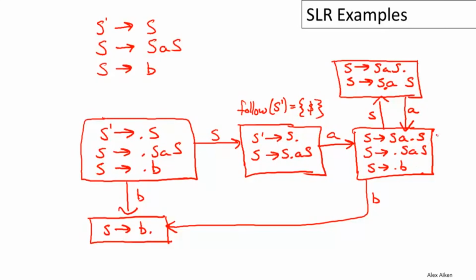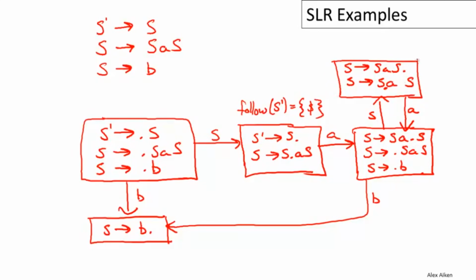And let's just consider this bottom state first. All right, so what does this state say to do? Well, first of all, observe that the only transitions out of this state are on B and S, and there are no reduce moves in this state at all, so there's no possibility of a shift-reduce conflict in this state either. That leaves us with just this state to think about.